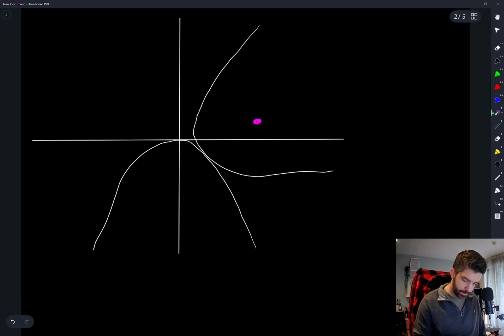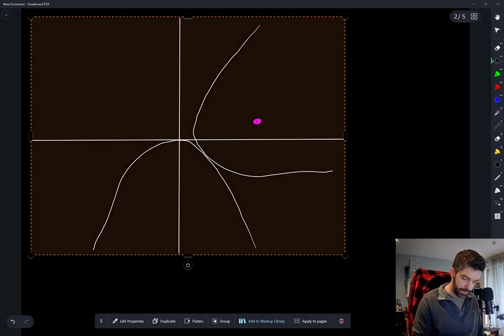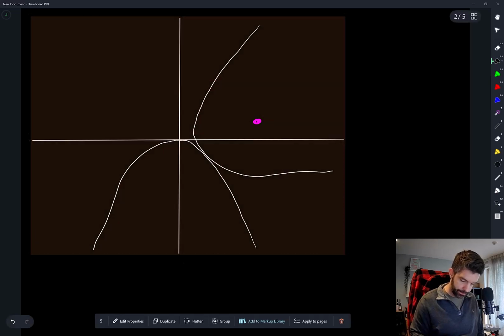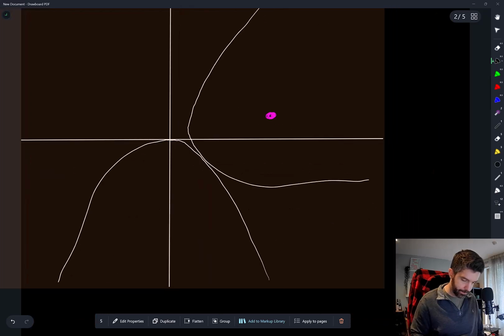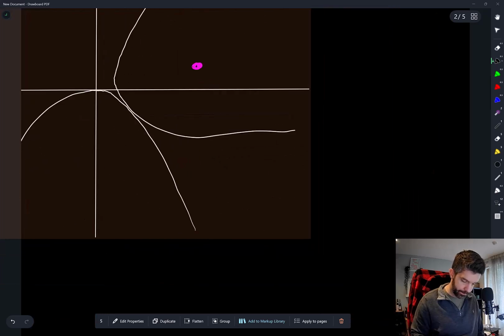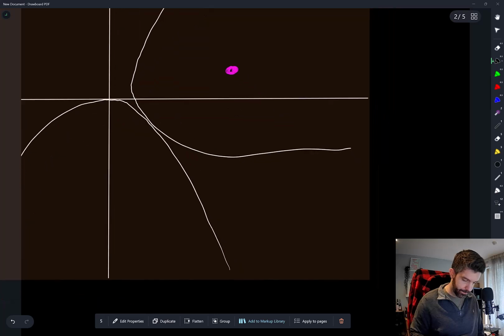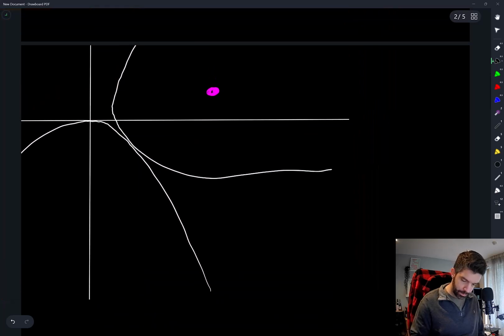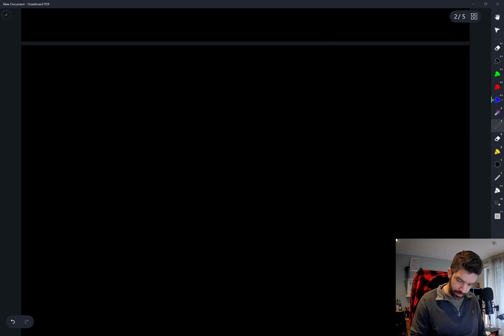This is over here now, something like that. I feel like I need to zoom in. I'm going to draw a new diagram and sort of exaggerate some of the features of things.